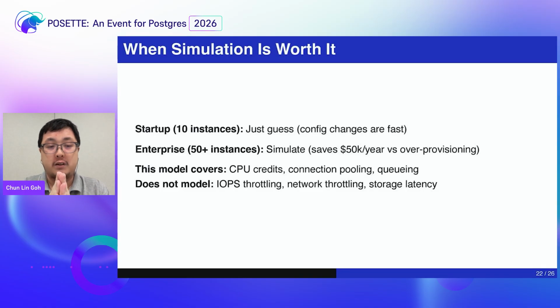But that only works if you are working in a small team and a small infra where you can change your configuration very fast. If you work in an enterprise solution with 50 or hundreds of instances, it is very dangerous and very costly to just use your assumptions to determine what connection pool size to use.